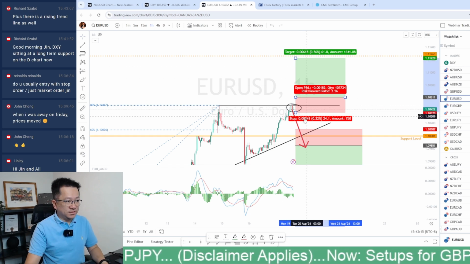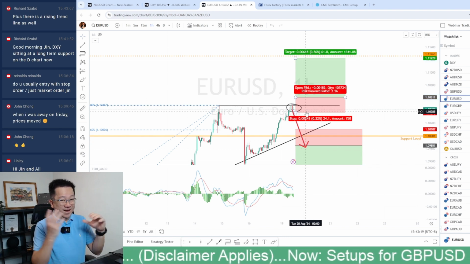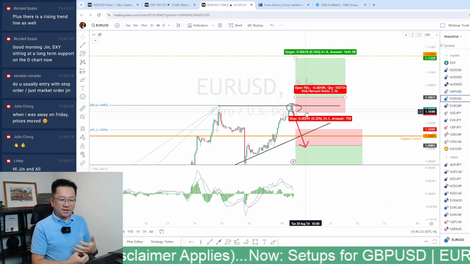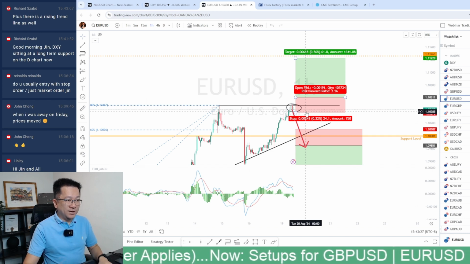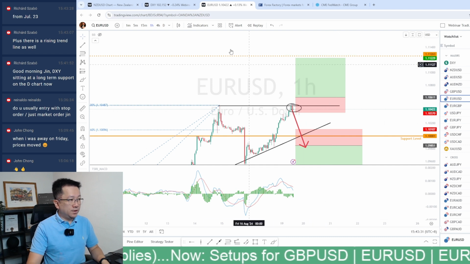Plus there's a rising trend line as well, so it's right in that area where anything, I hate saying this, we're doing a market analysis. I'm not here to tell you that it could go up, it could go down. But right now, at this point, it's a bit undecided. It could do anything.